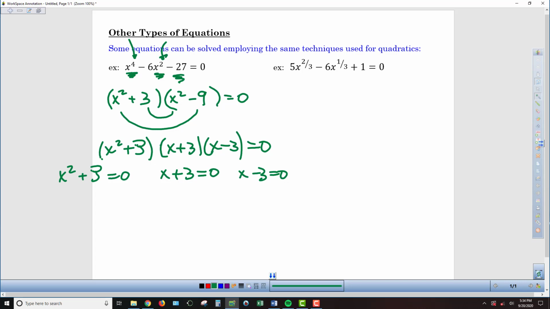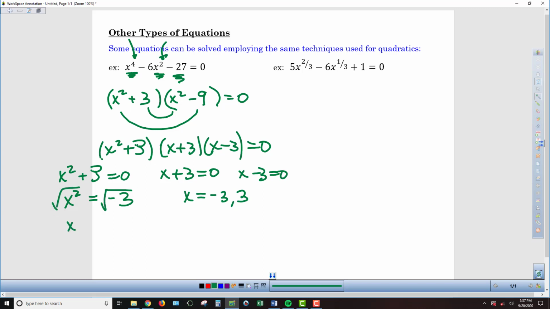From there then, I can solve these two easier equations on the right very quickly. Hopefully we see that we get negative 3 and positive 3 as our two answers. Over on the left, since that's not factorable, we're going to isolate the x squared to equal negative 3. Now we can take the square root of both sides.